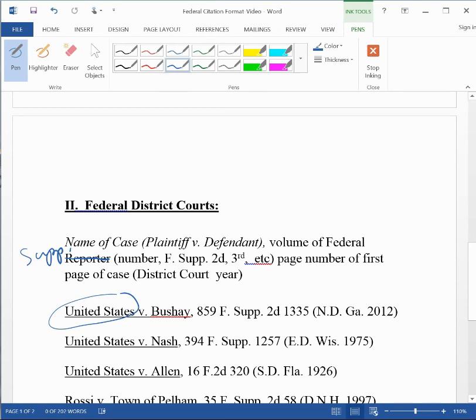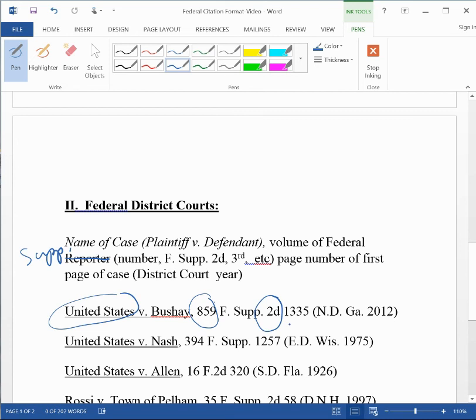So in this case, you have United States versus Boucher, comma, the volume 859, F period sup period, which stands for Federal Supplement. All district court cases are reported in Federal Supplement. And because this is a newer case, this is the second series of Federal Supplement.